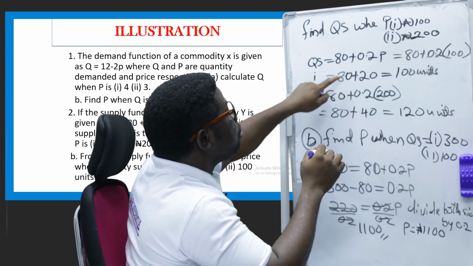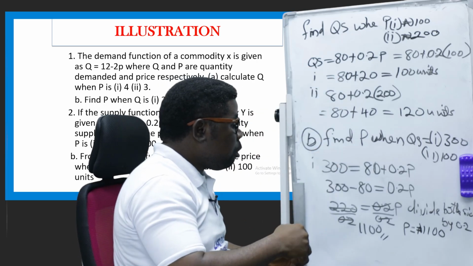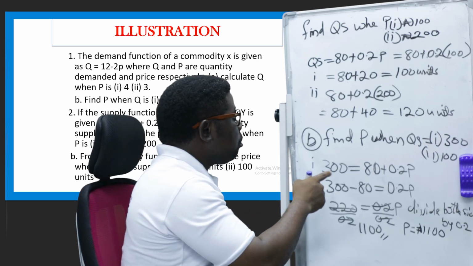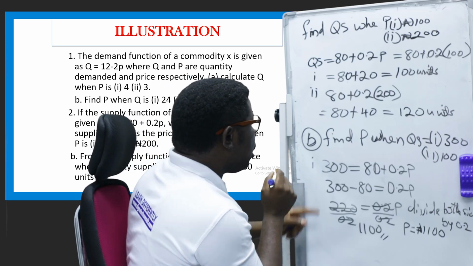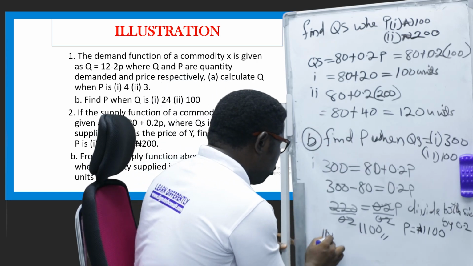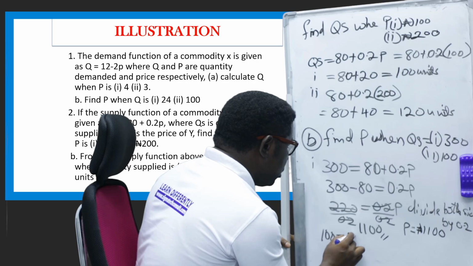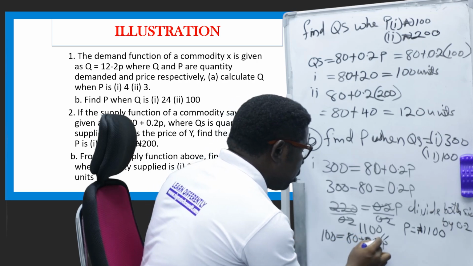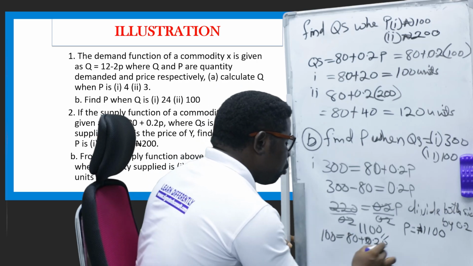Find P. This, of course, is correct. So we put naira there because we're looking for what? Monetary value. Then the second one, when QS is 100. So let's go. We have 100 is equal to 80 plus 0.2 P. Same thing is going to happen.